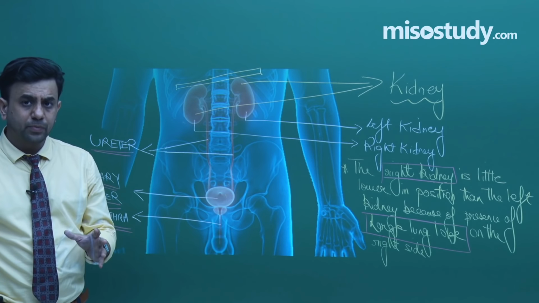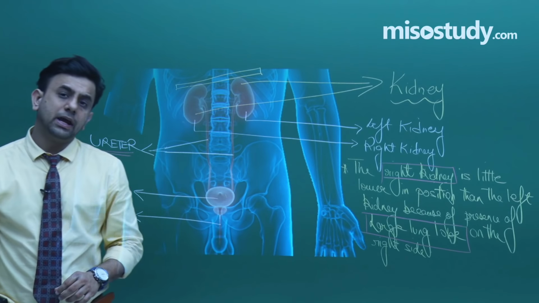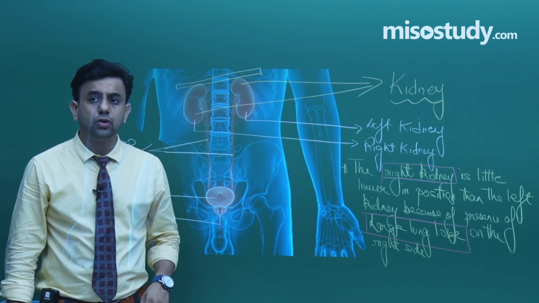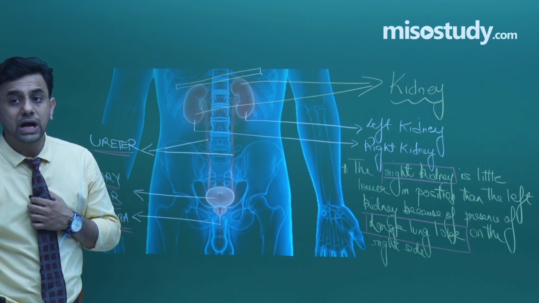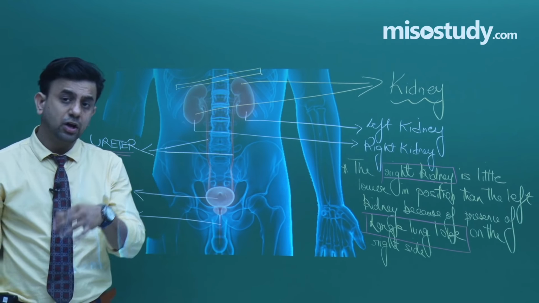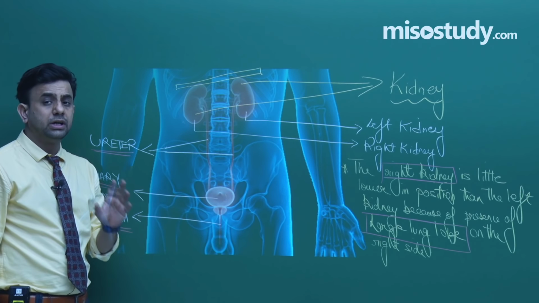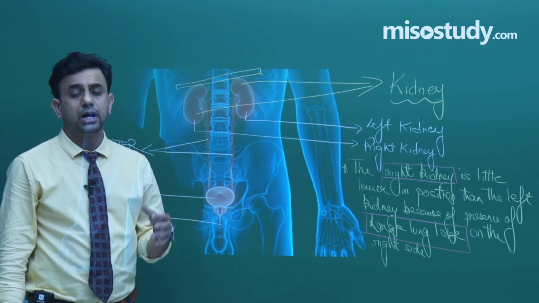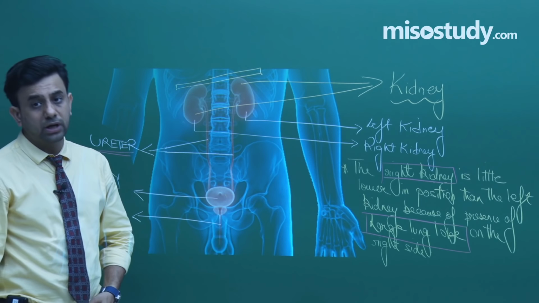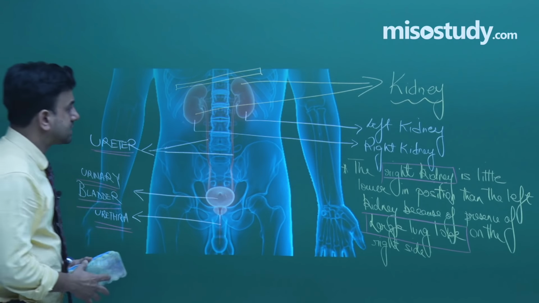In males, this urethra is the same for the sperm as well as the urine, and hence it is called the urinogenital aperture in males. However, the openings in females for the sperm and the urine are different, that you should know. This is about the external genitalia, which we will do in the reproductive system chapter. Let us move a little ahead.